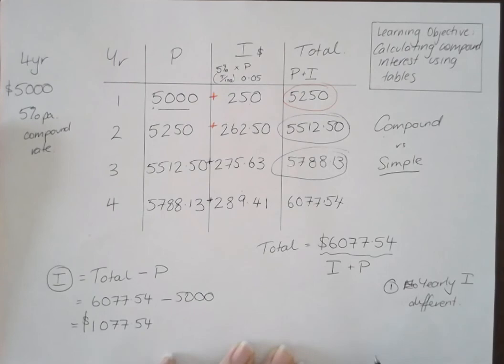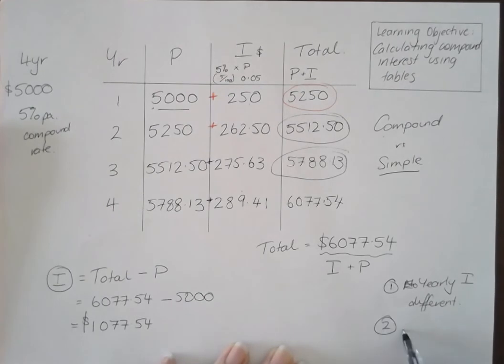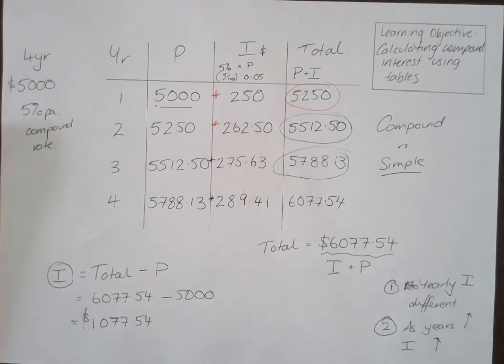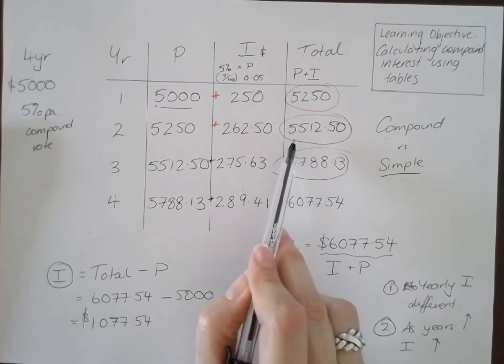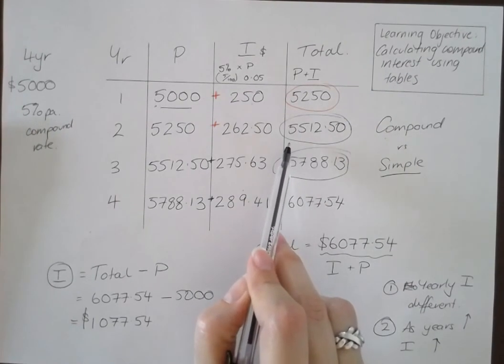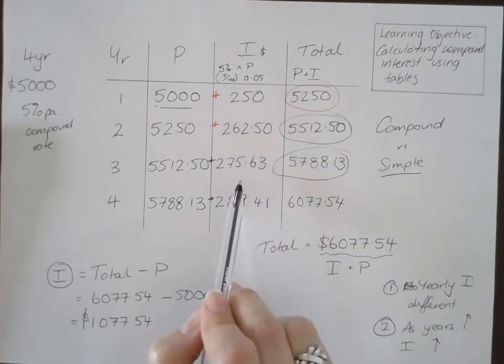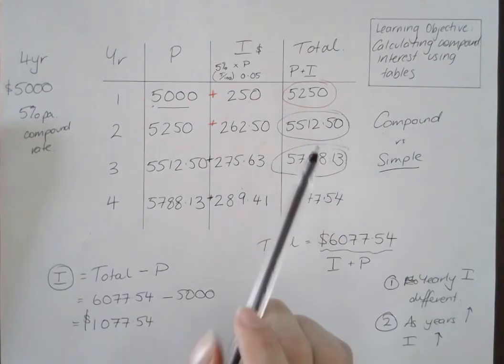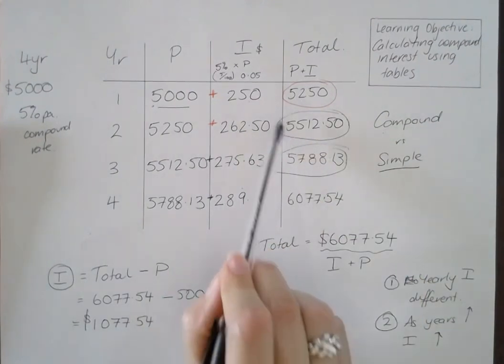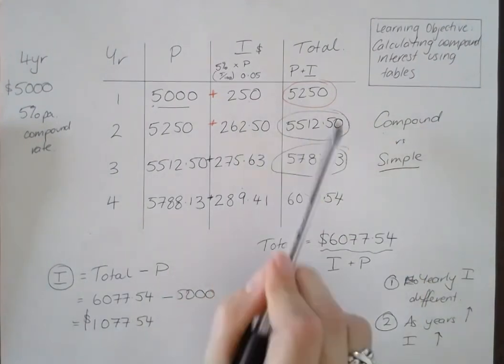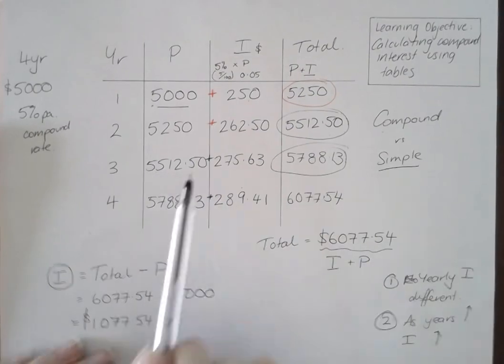Now the second part is, as the years go up in this case, then the interest goes up. We can see as we have more money in our account, we can actually get more money earned through interest. Okay, so this one's a bit tougher and we have to go a bit slow so that we understand that this total here becomes your new principal value.